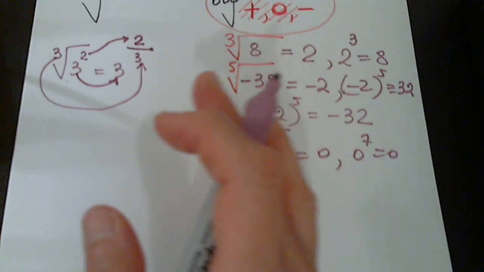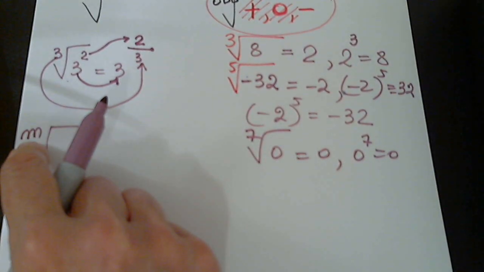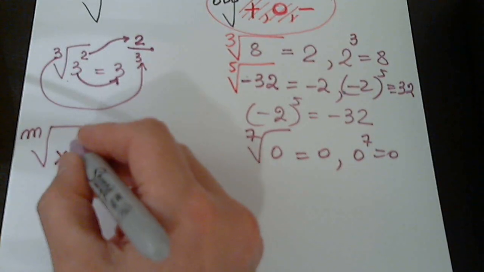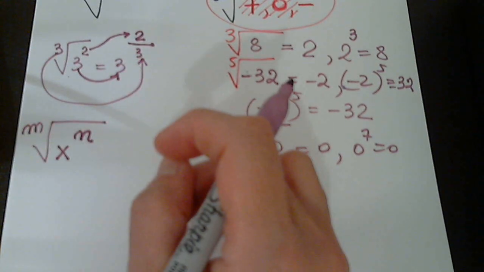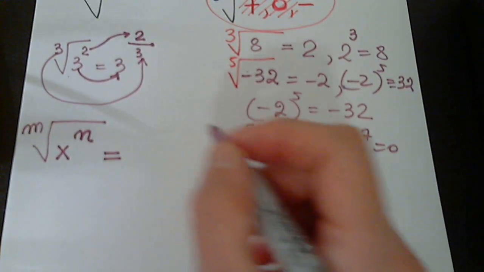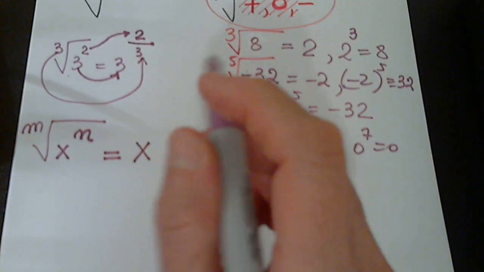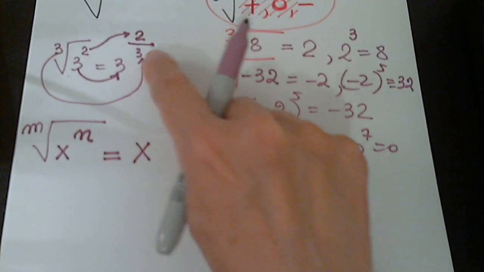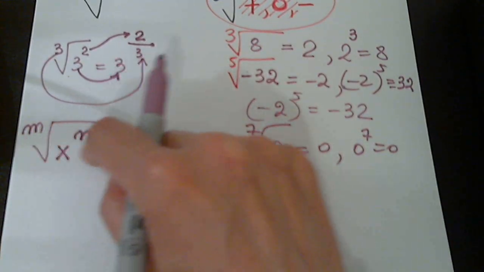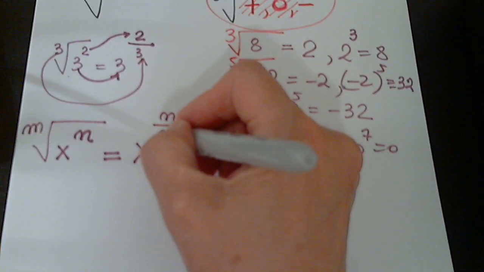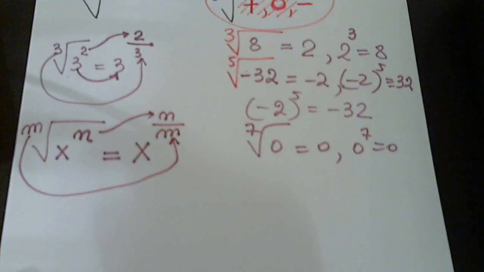So if I have in general, let's say, the mth root of x to the nth power, this is a radical. It can be rewritten as an exponent or exponential notation. But please remember, the exponent has to be a fraction. And the fraction is n over m. This is the numerator, and this is the denominator.